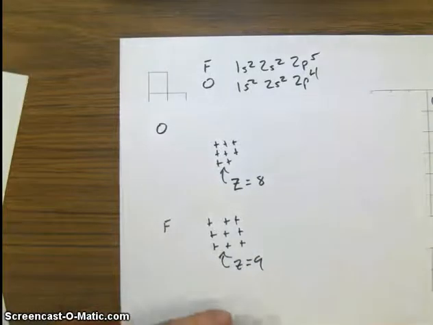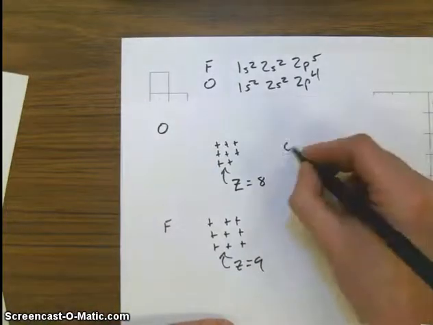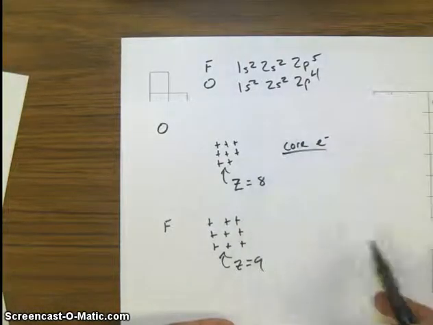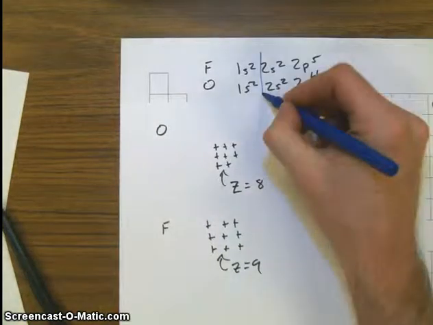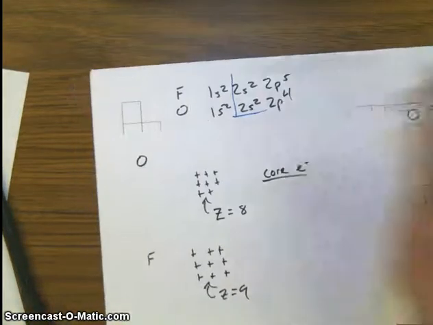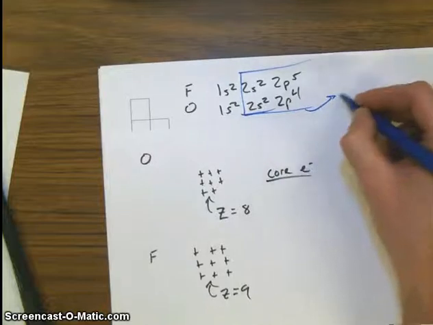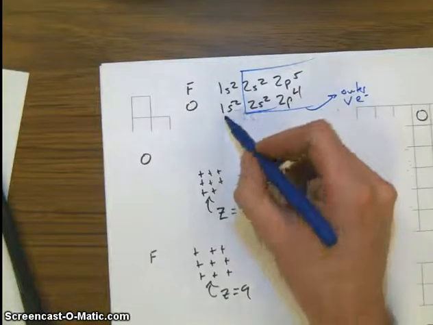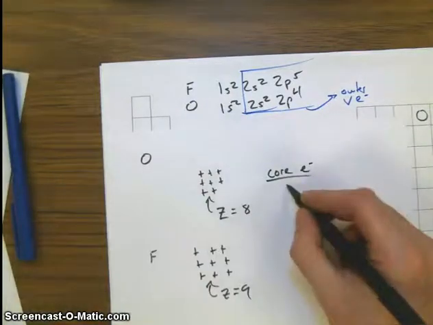Now in terms of the electrons, they both have the same core electrons. The core electrons are the electrons that are not valence electrons for both of these. If I go back to the electron configuration up here, the 2s and the 2p orbitals are our outer valence electrons. The 1s2, those are the core. So they both have the same core electrons, which are 2 electrons.